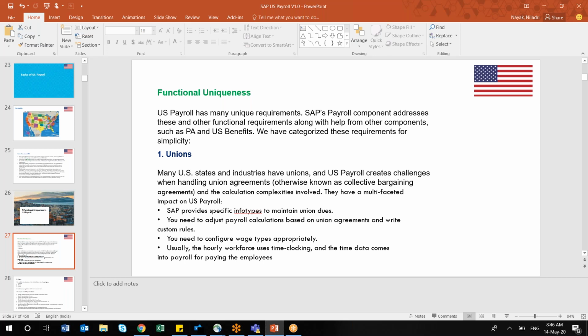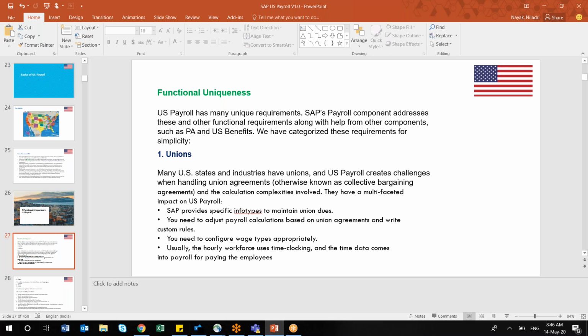Also, the other uniqueness is that they are the ones that have a lot of grades and levels within their rank and file. And also, I think their benefits can be very complex or complicated. Those are the few that come to my mind immediately.